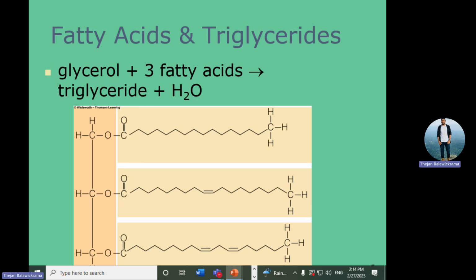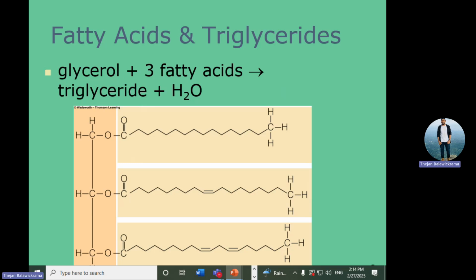Well, like I said, one glycerol molecule reacts with three fatty acid molecules to form a triglyceride molecule. And this is the triglyceride molecule. All right. So this part is coming from the glycerol molecule. That's one.